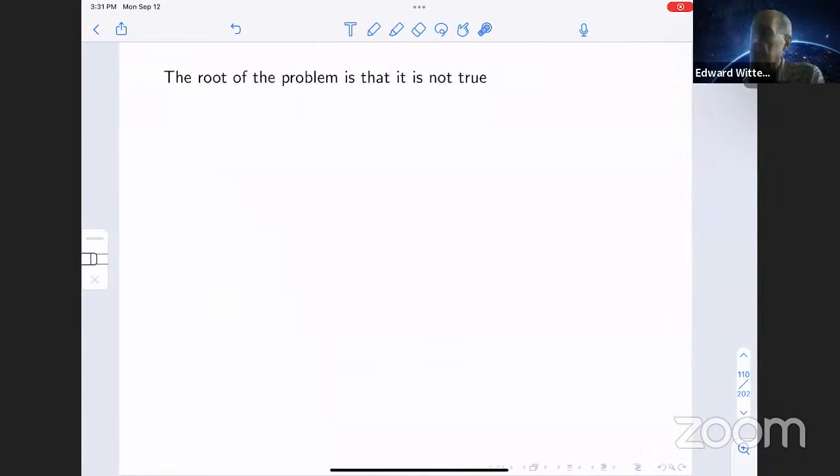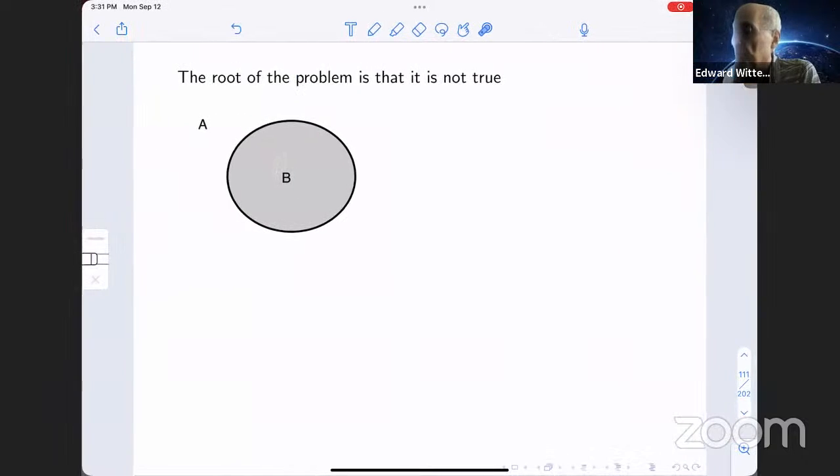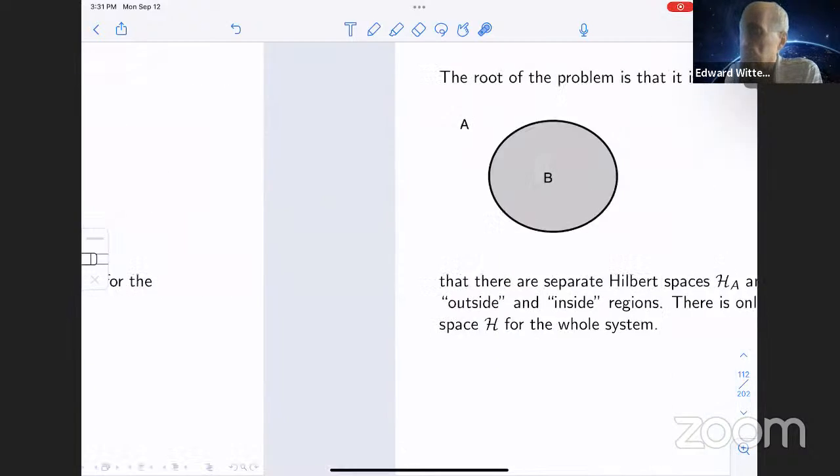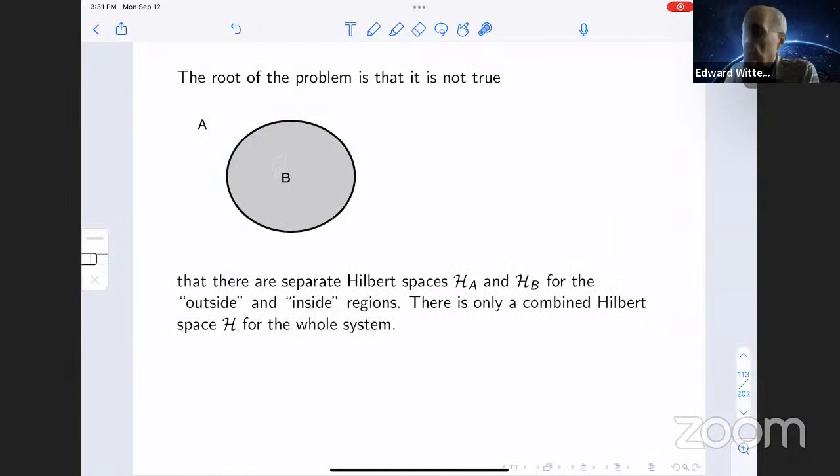Well, the root of the problem is that it's not true in quantum field theory that there are separate Hilbert spaces, HA and HB, for outside and inside regions. There's only a combined Hilbert space H for the whole system.